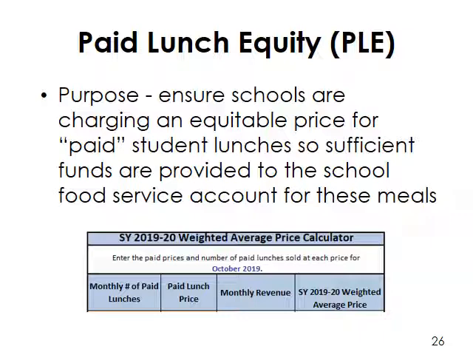The provision helps to ensure schools are not charging less for school meals than it costs to produce the meal. Federal funds intended for free and reduced price meals are not subsidizing the paid student meals, and schools have funding available to support serving nutritious meals to all students.